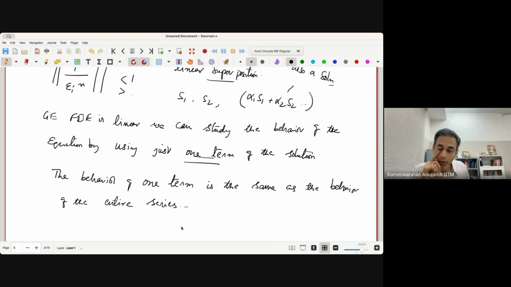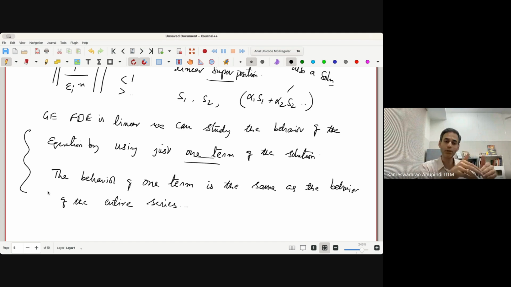Now the question is, what does this mean? Because everything is linear, S1 is a solution, S2 is a solution, S3 is a solution, and so on. If S2 is growing, there are no nonlinear interactions, so it doesn't change S1. S1 either grows or decays at its own rate.